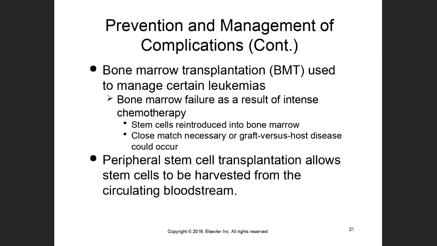Bone marrow transplants are used to manage certain leukemias. Bone marrow fails as a result of intense chemotherapy. Of course, when you are giving chemotherapy, remember that the medication not only kills the bad cells, but also kills the normal cells, okay?